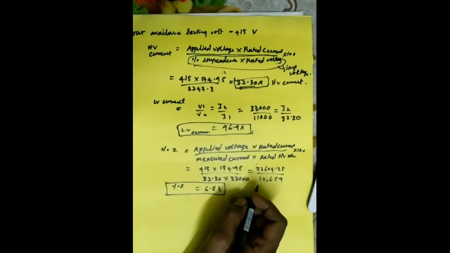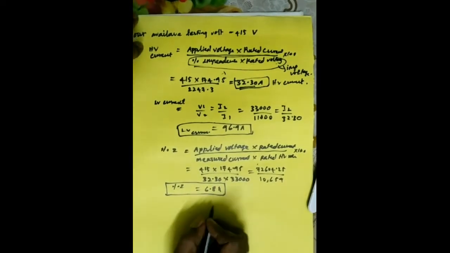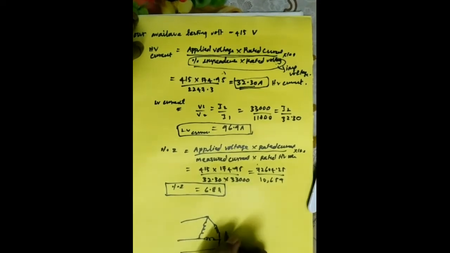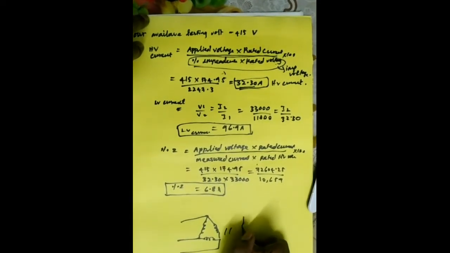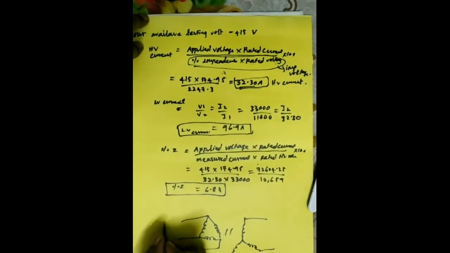So again, how do we obtain the calculated short circuit current practically? Let's consider a delta star transformer.